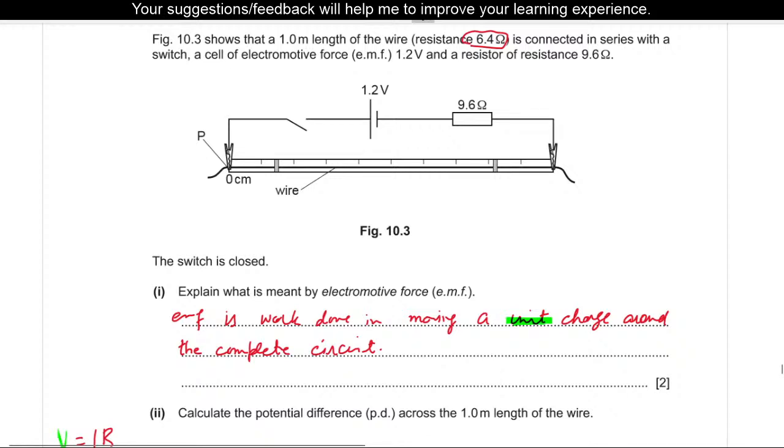So to find the current, we will first find the effective resistance of this complete circuit.